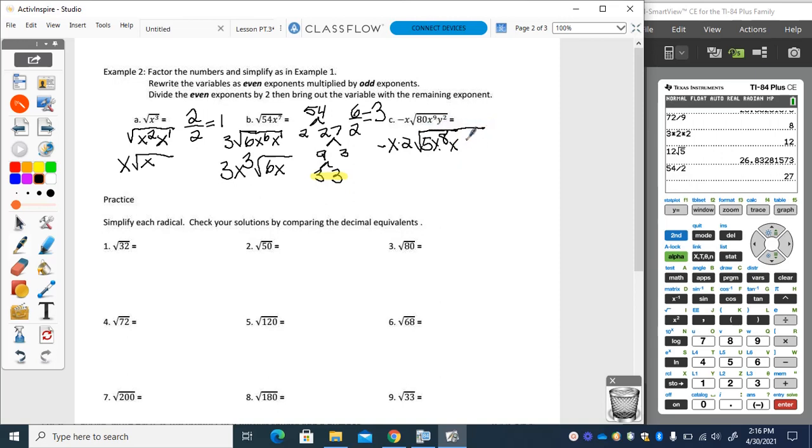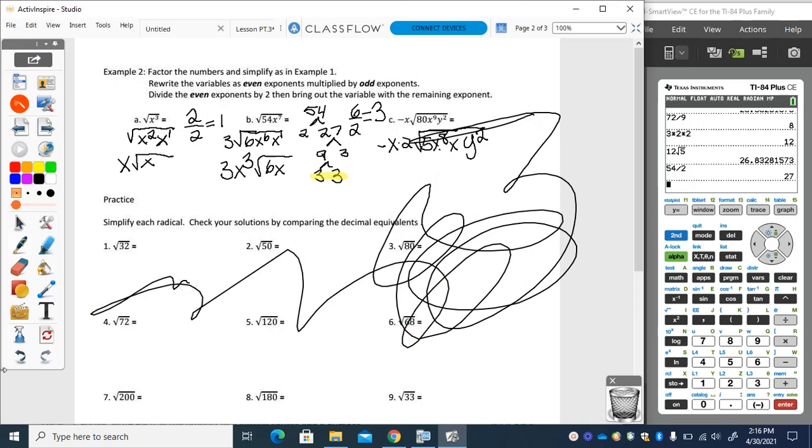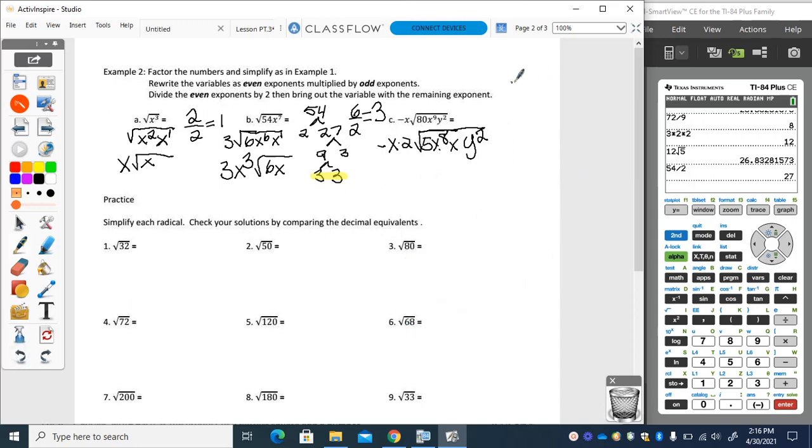Well, that is 2 and 0, so y squared. So now let's divide all of those even exponents.